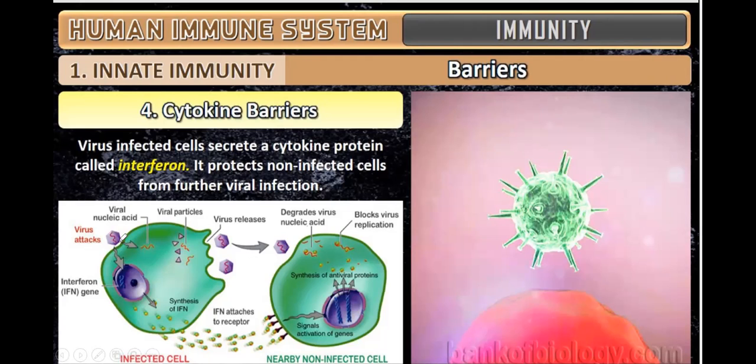So other viruses produced here will not be able to infect this cell. As soon as a virus comes and attacks, it will degrade the viral nucleic acid, so it blocks virus replication. So interferon is a protein produced by virus-infected cells, and it protects non-infected cells from further viral infections.